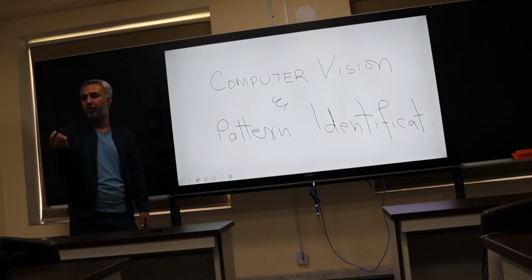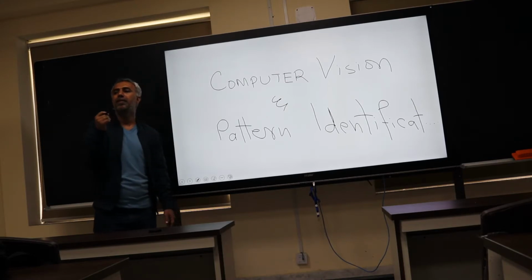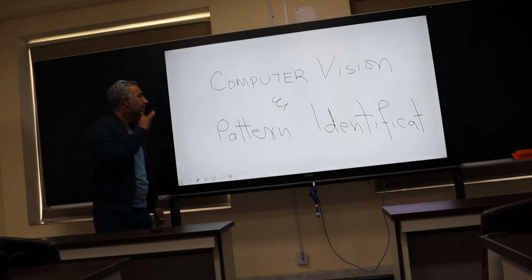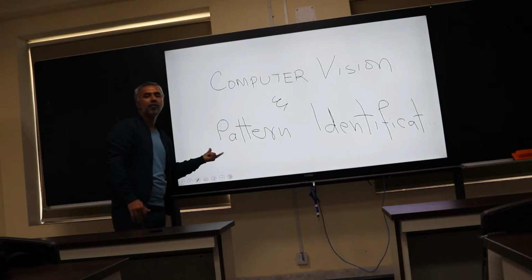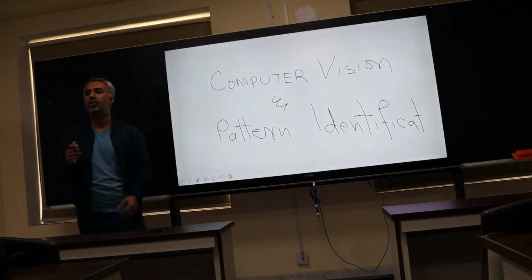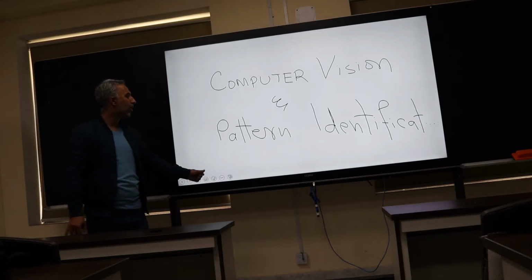Each frame of the video represents one image. So the basic thing is image alteration and modification, and we are trying to identify what kind of pattern exists in these images. This whole course will go around it.